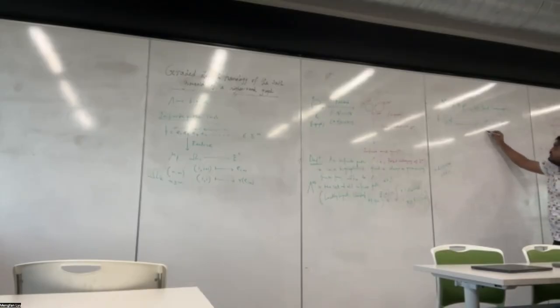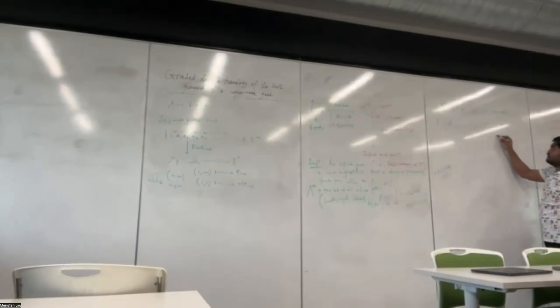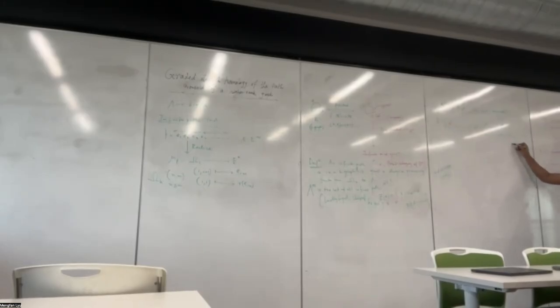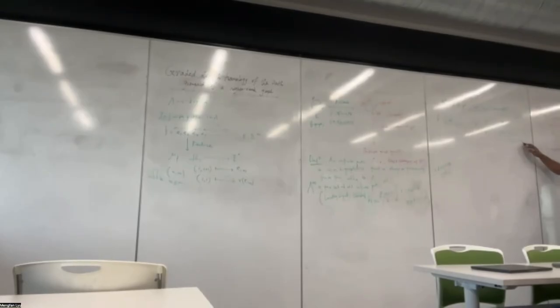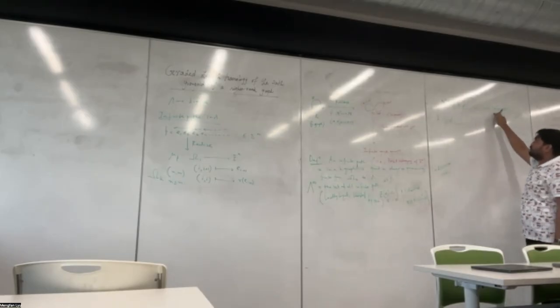That means if you take any infinite path x, then sigma p of x should be an infinite path. That means you should know the images of morphisms here. So if you take any m, n, initially x sends it to x of m, n, but now sigma p of x will send this m, n to x of m plus p, n plus p. So everything is shifted by p. So this gives you an action of N^k on this lambda infinity by local homeomorphisms.